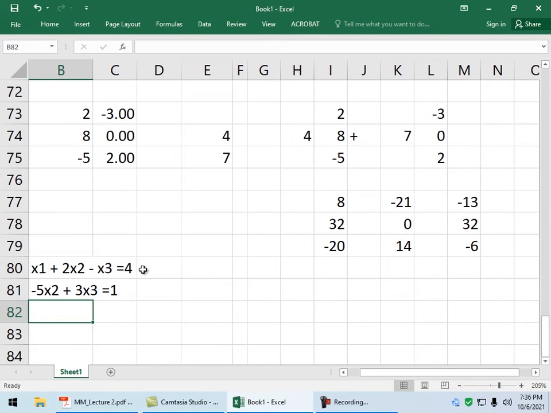So what we should do, we need to write the system of linear equations as a vector equation. So this is the plain system, and we write it as a vector equation. How will we do that?